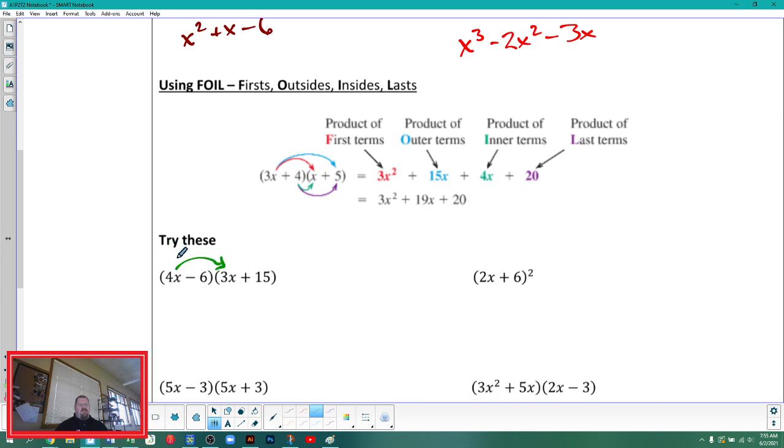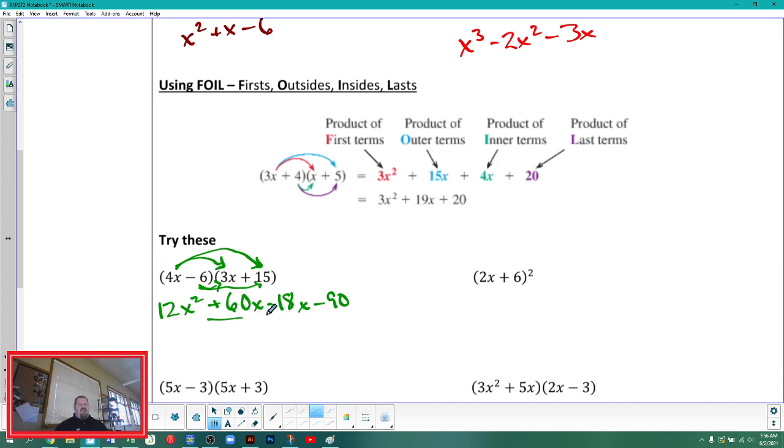So first times first, 4x times 3x, 4 times 3 is 12. X times x is x squared. 4x times 15. 4 times 15 is 60, and there's an x there. Now I'm going underneath. -6 times 3x is -18x. And -6 times 15 is 60, 30, 90. -90.